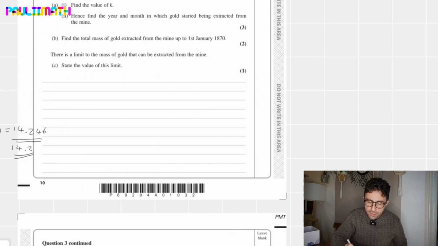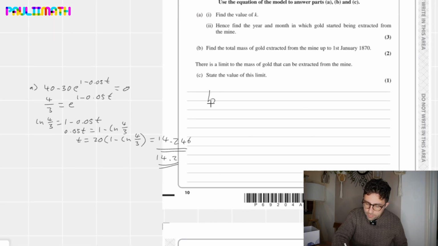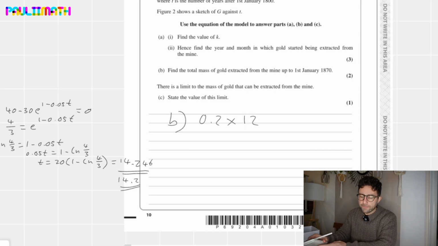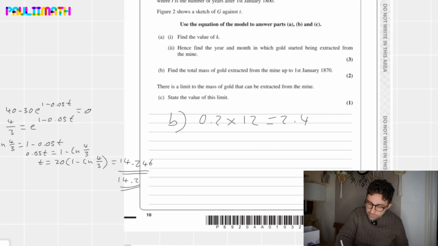So it's just a case of doing 0.2 times 12, I think, would be the best. 0.2 times 12 is 2.4. So that seems like February to me.